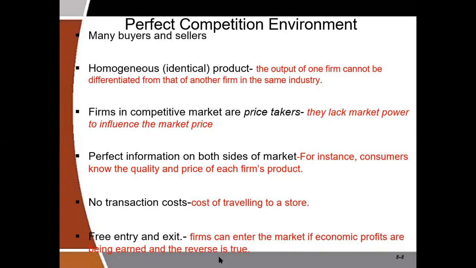Number five is that there are no transaction costs. So here, we assume that for you to buy from firm A or firm B, there is no traveling cost, okay? So if I want to buy something from town, or I want to buy something from campus, holding the transportation cost constant, the prices in town and campus should technically be the same.